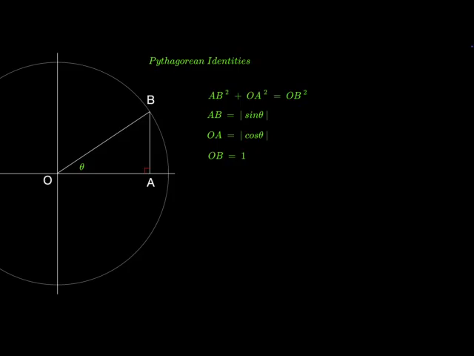Substituting these expressions into the original equation, we have our first restatement of the Pythagorean theorem, this time in terms of the sine of theta and cosine of theta.